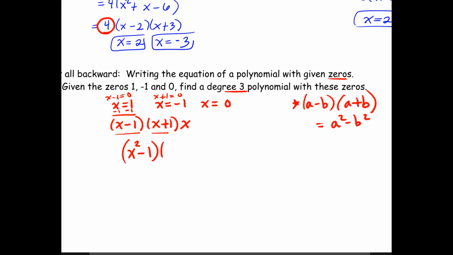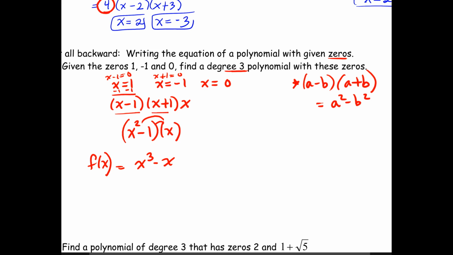Just those nice shortcuts. Times x. What would I do with the x? Distribute that in. So that would leave me with x cubed minus x. This would be my function. However, it might not be just that. It could also be a constant times x cubed minus x.